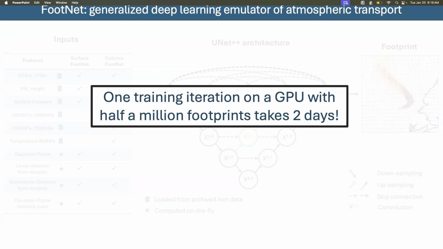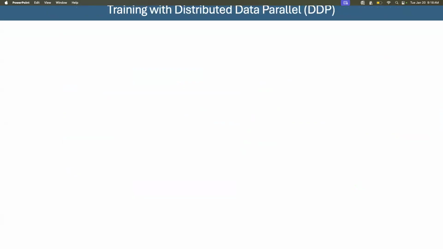So for that, I used the distributed data parallel framework provided by PyTorch, which is very similar to MPI. The idea here is that it uses the same model replica on different GPU devices, and while training, those devices talk to each other to make sure that the model stays the same across all of them.